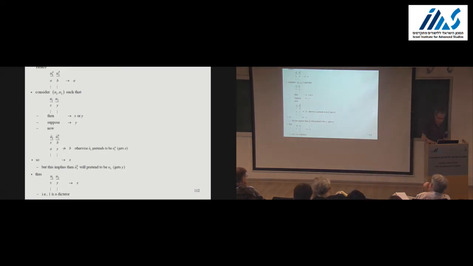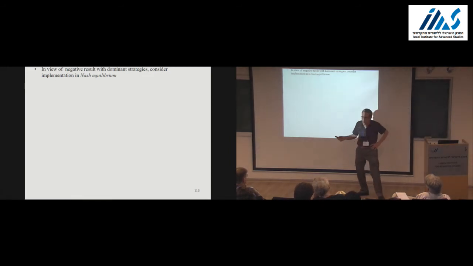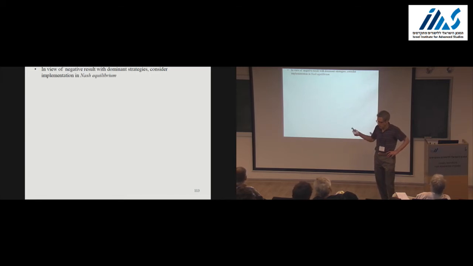Okay, so as I suggested, this result tells us that we can't get very far with dominant strategies, at least with very general preferences, and so the next natural step we might take is to be less demanding in our equilibrium concept and move from dominant strategy equilibrium to Nash equilibrium.